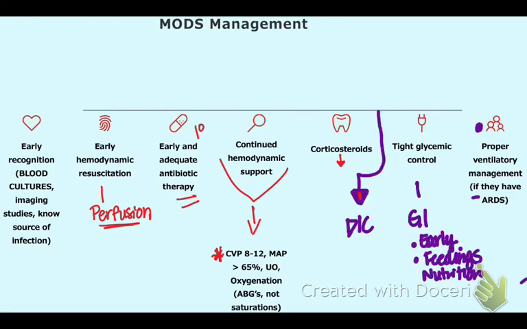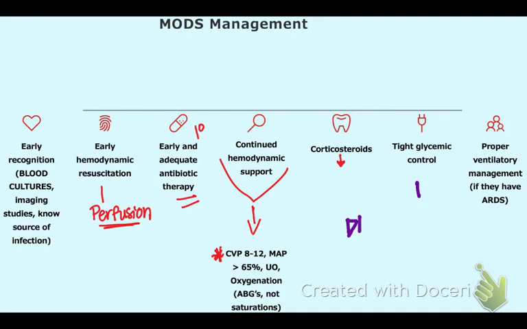And let's not forget about GI and DIC. Often as the liver fails, sometimes we can see DIC, and we can see problems with our glycemic control.